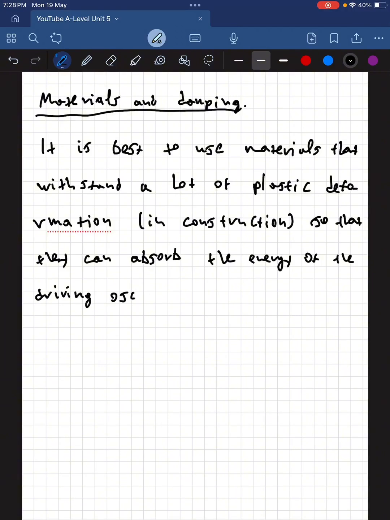The driving oscillation will be the earthquake, for example, in the case of a building, okay? The energy of the driving oscillation, sorry, absorbed without breaking. So this is why we use, for example, reinforced concrete. Reinforced concrete is concrete that has steel in it, okay?